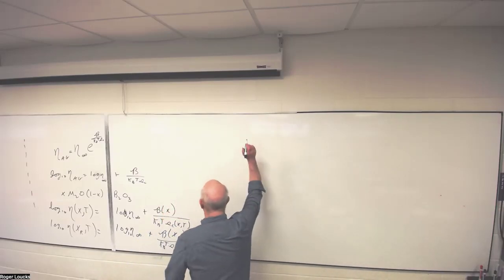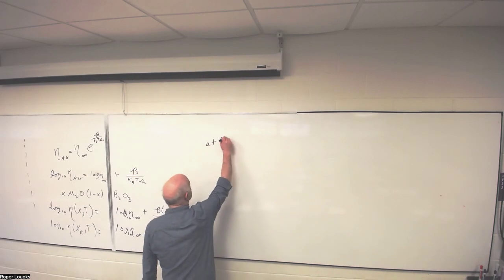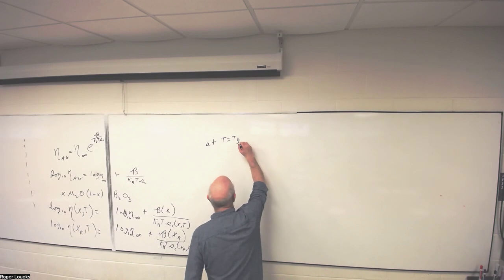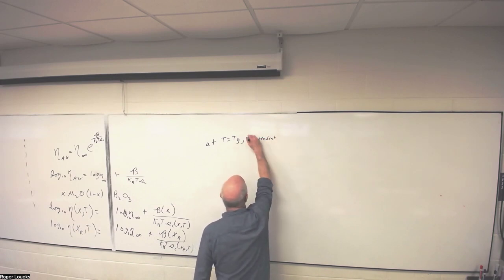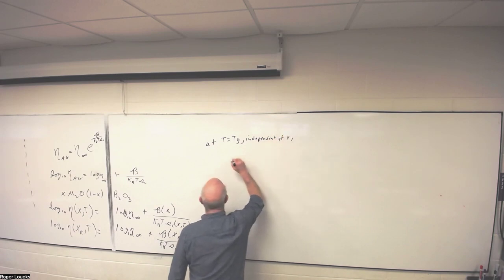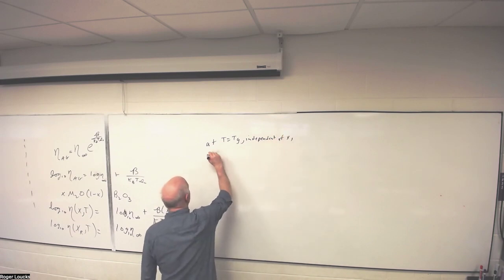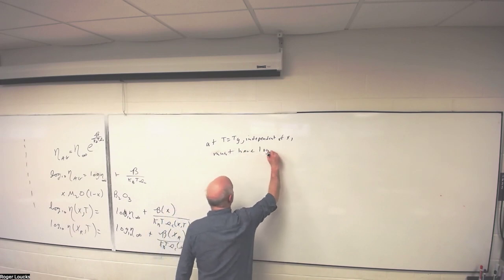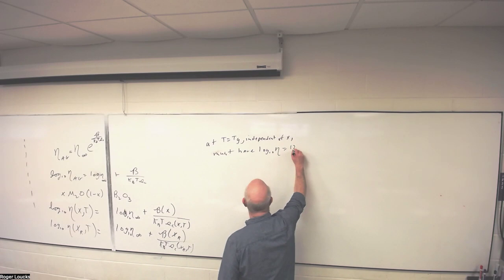So we said at T equals Tg, independent of the composition X, we must have log 10 eta equal to 12.